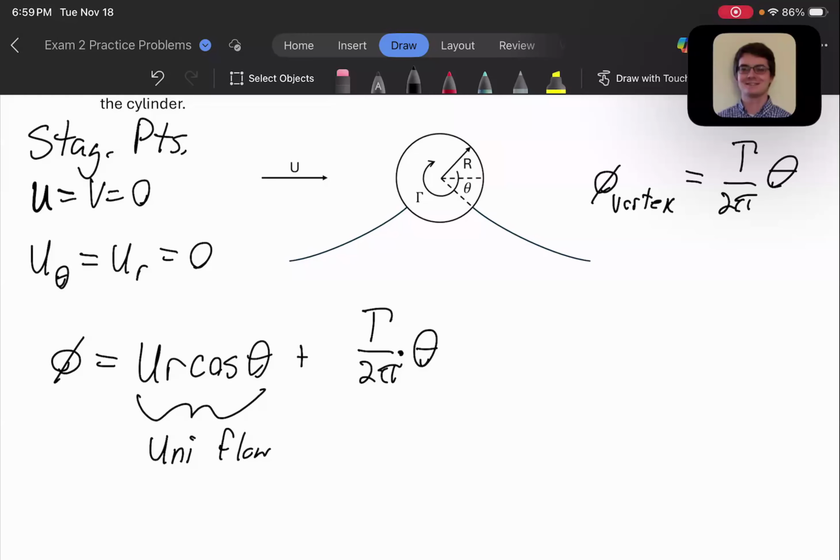Make sense? Okay. But this is our potential vortex. Direction of the circulation, like make it positive or negative? Yes, since said earlier. Yep. That one is negative.